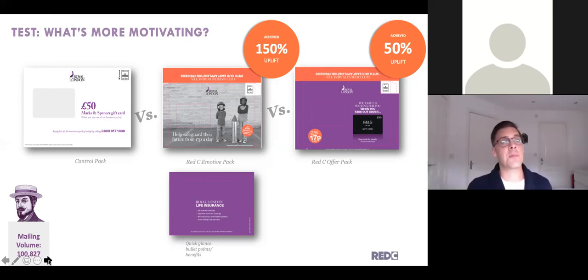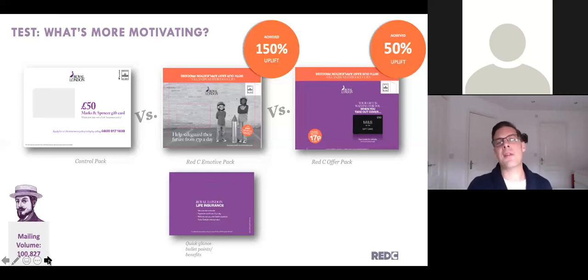So the contents of the rest of the mail pack stayed exactly the same. It was just the envelopes that were being tested. So it shows that even making a relatively small change to the mail pack, a different envelope, you can generate a much better response. The other tip there is that if you're running an incentive, we always find if you show a picture of it, you tend to get a better response.